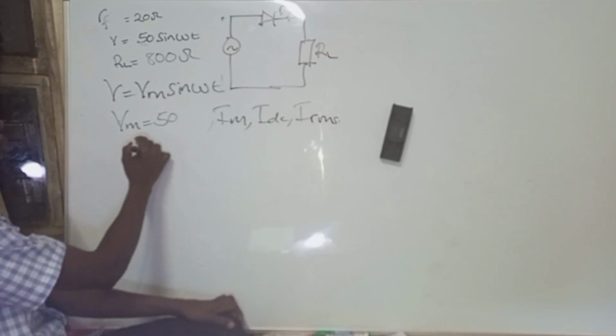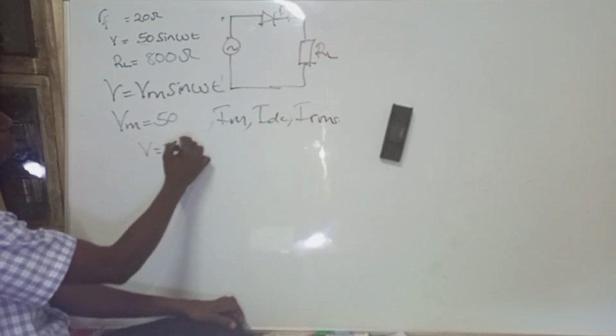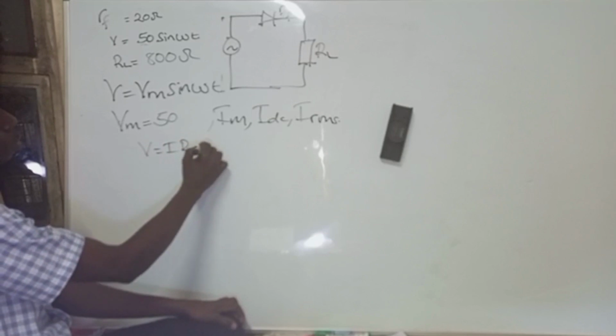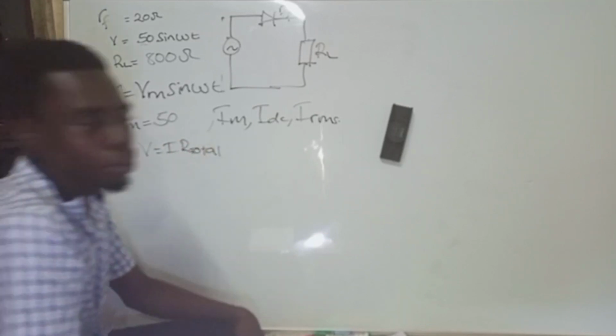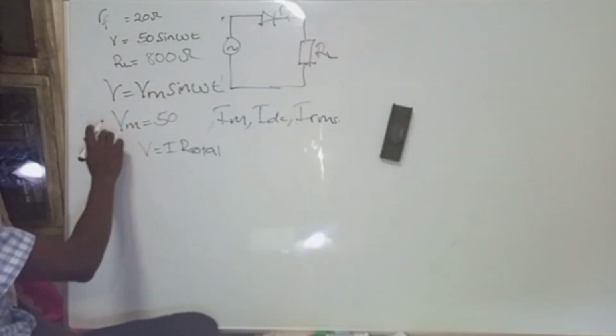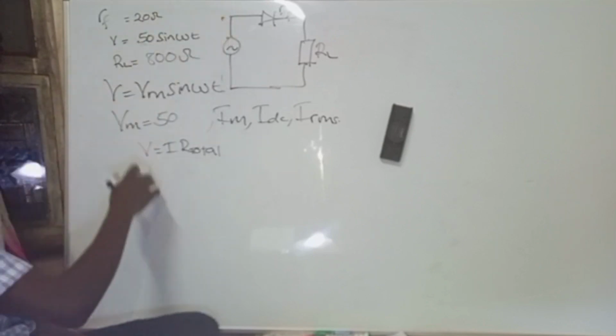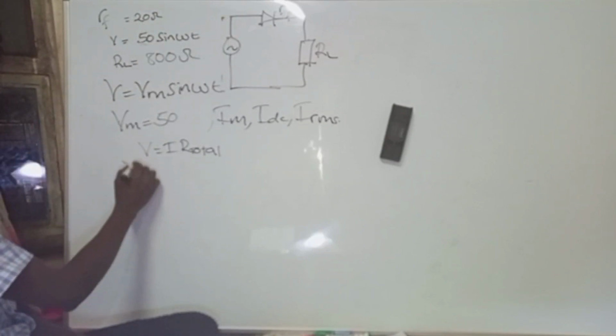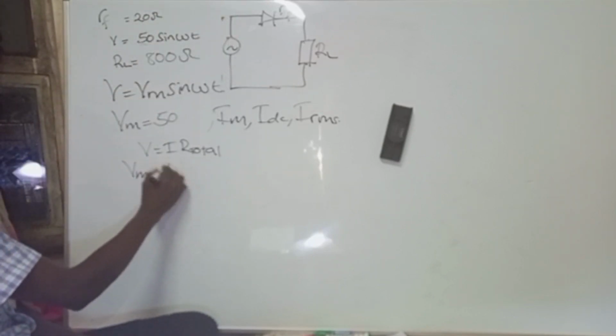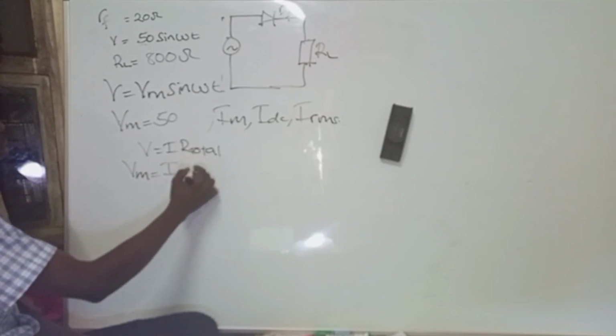And we know that from V equals I times R total, if I'm using Vmax, therefore the other side should be I max. Therefore my Vmax is going to be equal to I max times the total resistance.